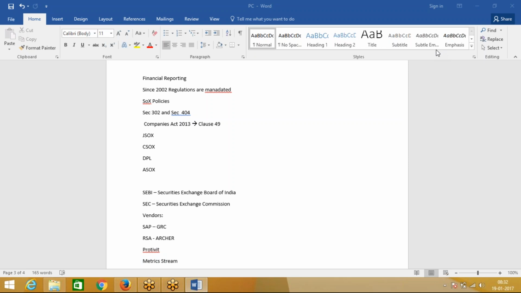Compared to all these vendors, SAP has acquired almost 70% of the ERP market. Around 20 to 25% was acquired by Oracle, and the remaining 5% is Microsoft and other small products.